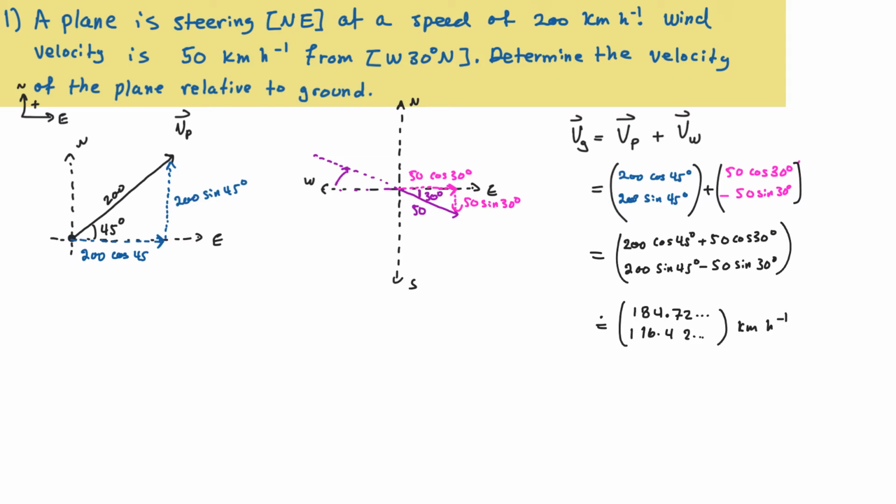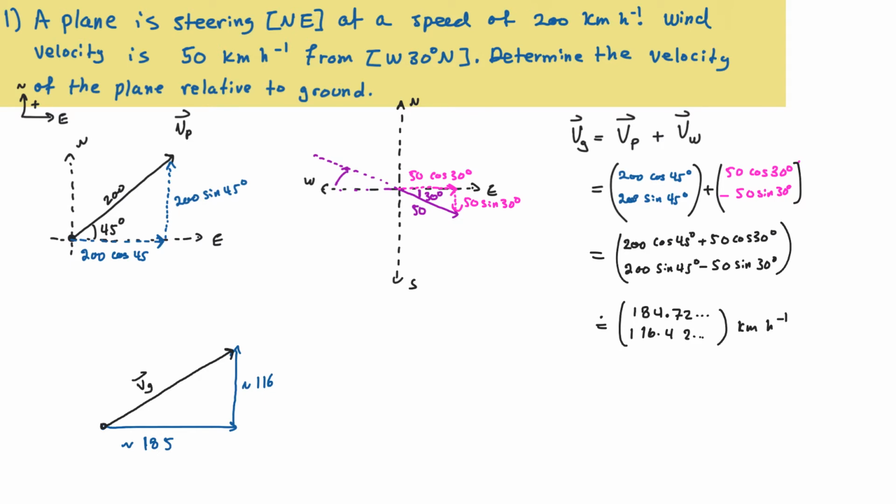We know that its east component is approximately 185 and its north component is approximately 116, and the resultant velocity is going to initiate from here and terminate here, and that's the ground velocity.